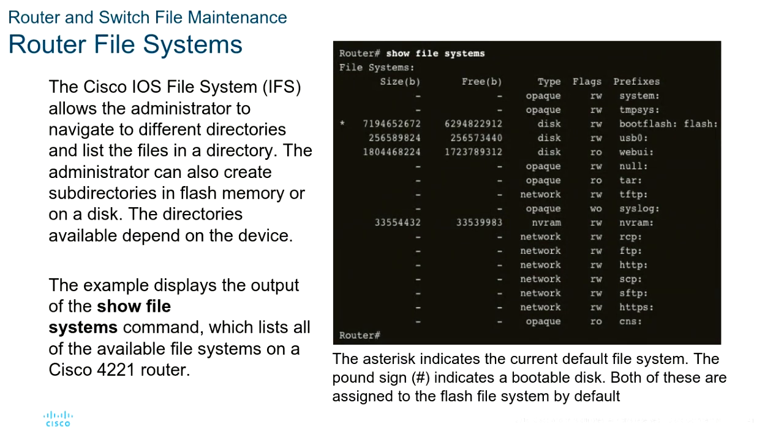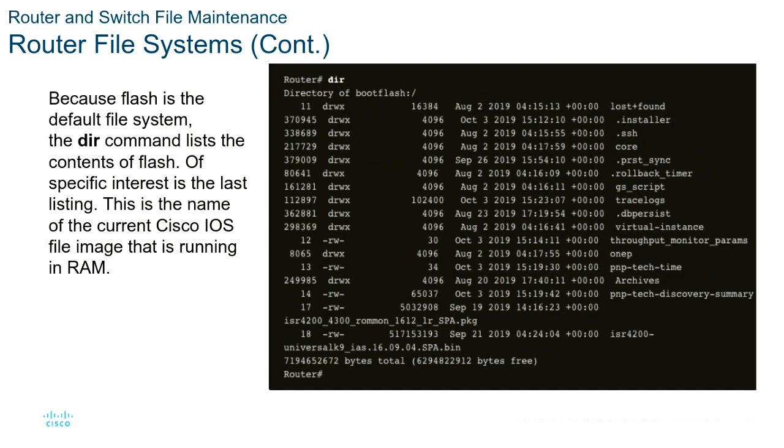Then we also have our NVRAM, where we store our startup configuration file. That'll be stored in that location. And in this case, it looks like a USB device has been plugged in, and this shows the capacity of the USB drive and how much space is available on it. The flash memory is the default file system.